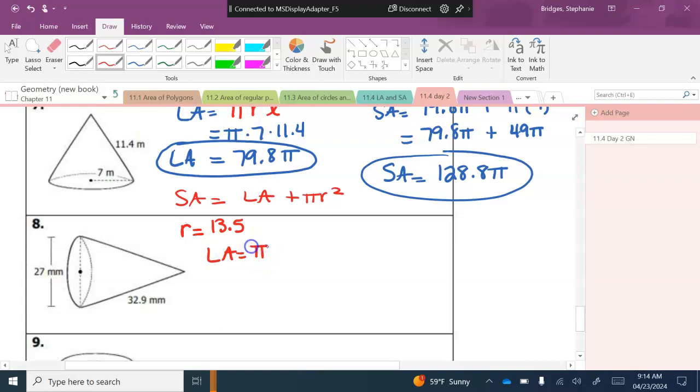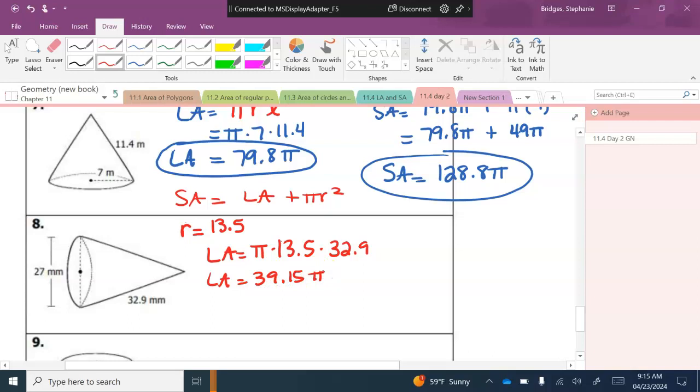Where you get 13? That must be the answer to that, though. No, where you get? Oh, 27 divided by 2. What's my slant height in this problem? So for lateral area, did y'all get 39.15 pi?